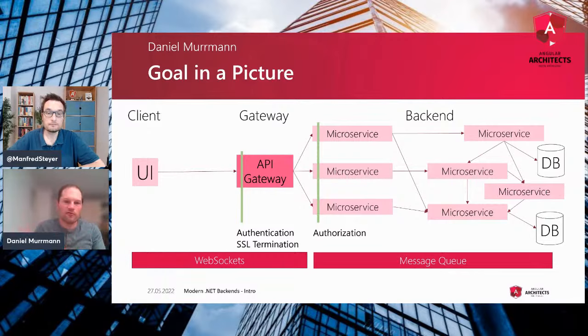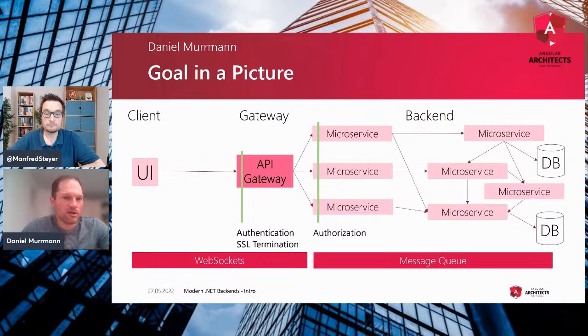But if everything behind your gateway is in a secured environment, then you can use the API gateway also as a point where you make your SSL termination. And behind the API gateway, you only use HTTP and no SSL. And this saves you a lot of processor cycles, because encryption needs power, and power needs money. No matter if on-premise or in the cloud, you have to pay for it.